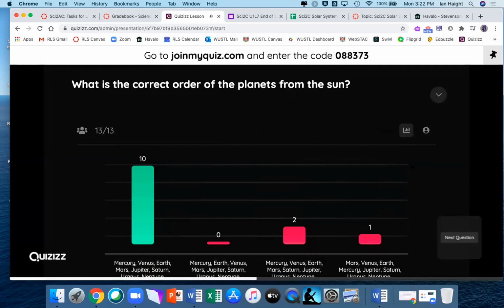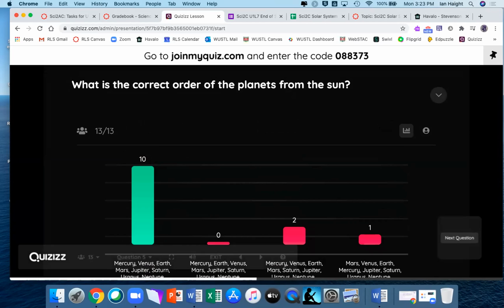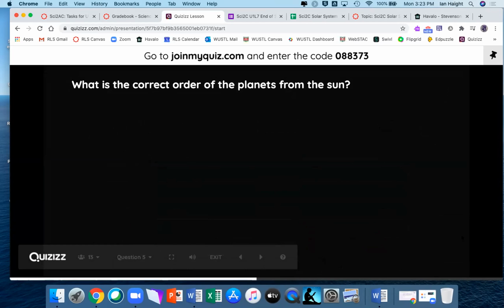Very good. Most of you got it. It is indeed Mercury, Venus, Earth, Mars, Jupiter, Saturn, Uranus, and Neptune. I often think of the last three planets as spelling out sun. And then there are other anagrams you can use.